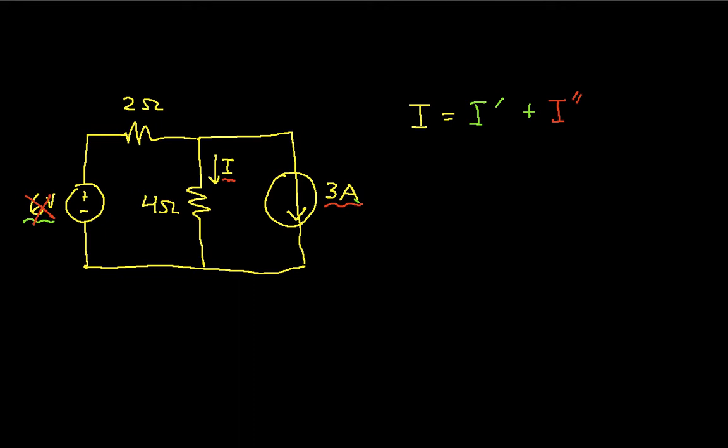In other words, the currents and voltages created in a circuit are the algebraic sum, or the superposition, of the currents and voltages created by each independent source.